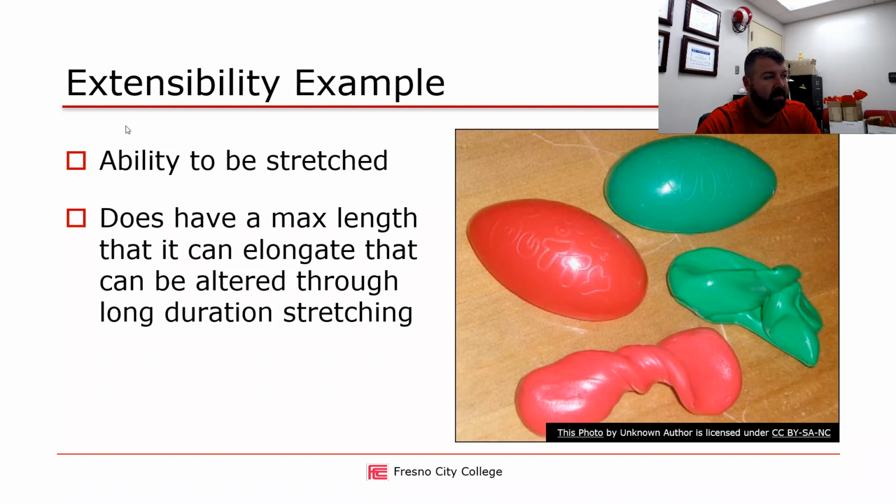Okay, so extensibility, the ability to stretch, usually does have a max length with it. You can't alter that max length. Usually some kind of stress under time, aka stretching over long periods of time, not to a substantial difference. Like someone who's trying to become more flexible is not going to have a super intense change in that max muscle length, even long term.